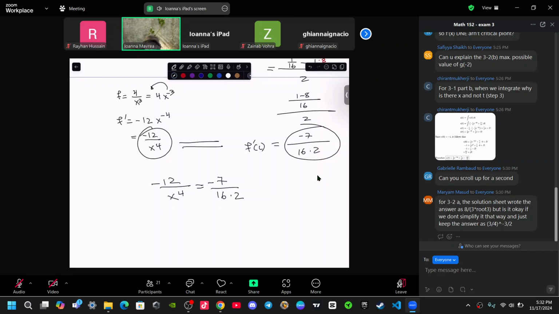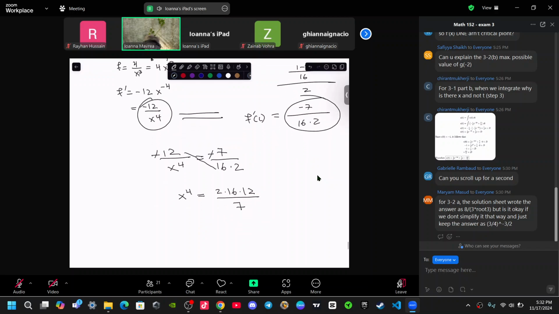So, okay. First, let's get rid of the negatives. So cross multiply. So x to the fourth is equal to 2 times 16 times 12 divided by 7. Right? So x, I'm about to undo an even power.